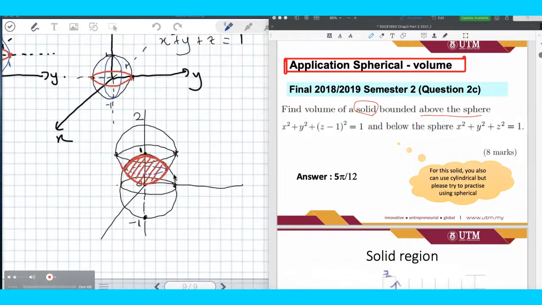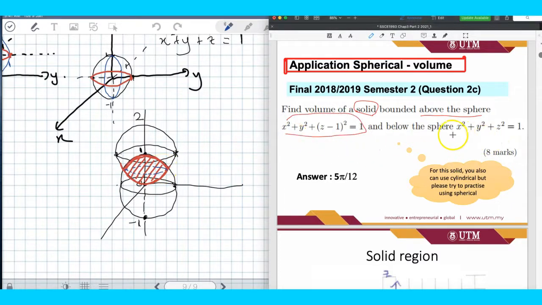Now we have to solve this. In this case, they don't mention that you have to use spherical, but because the solid given to you is basically from this sphere and this sphere, it's easier for you to solve using spherical coordinates.